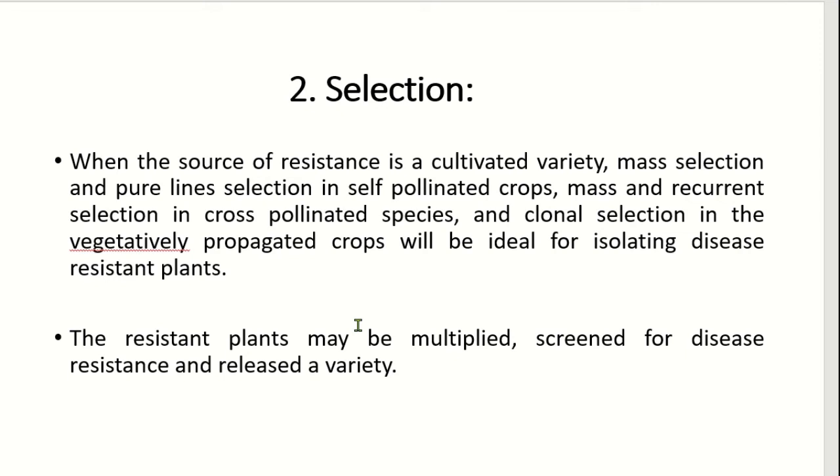So the best thing to do in a cross-pollinated crop plant is recurrent selection. And in mass selection, we use natural cross-pollination and natural selection. In this case, we are utilizing the genetic base of the naturally occurring mechanism.